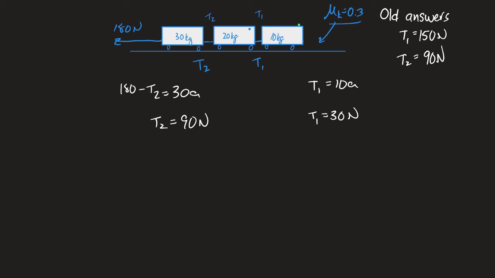It's going to be less because we have friction acting in the system. And you are likely going to have to now take into account the y direction. So this is a more complicated question. And if you don't want to do it for 3 boxes, then knock away the 10 kilogram box and do it just for 2. Okay? If you think you've got it nailed, try it for 3 boxes. But if you don't, try it just for 2.